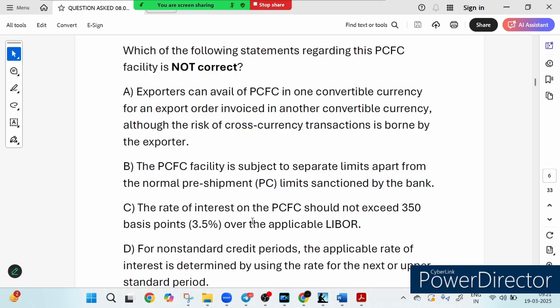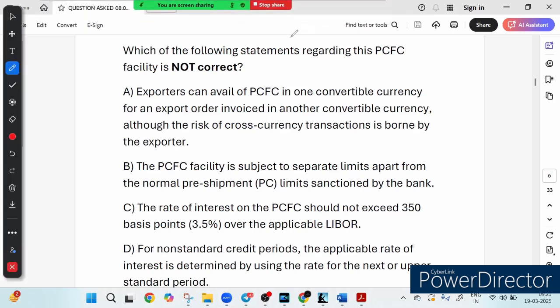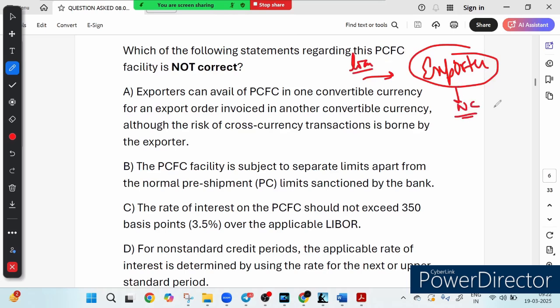So friends, you know what is PCFC? Let me explain a little bit. PCFC stands for pre-shipment credit in foreign currency, right? It is a loan facility given to the exporter to finance their working capital need, like buying raw material, processing, and packaging before shipping the goods.